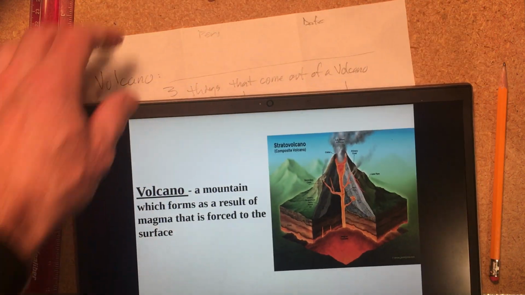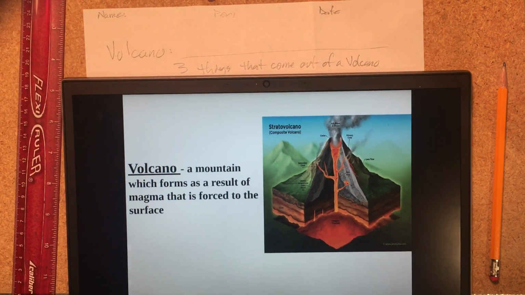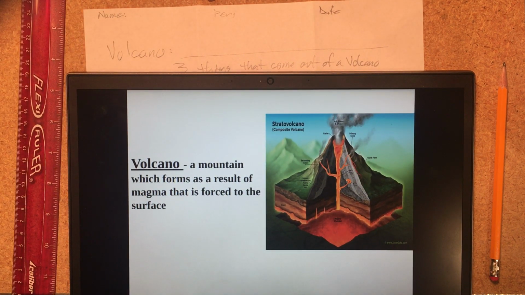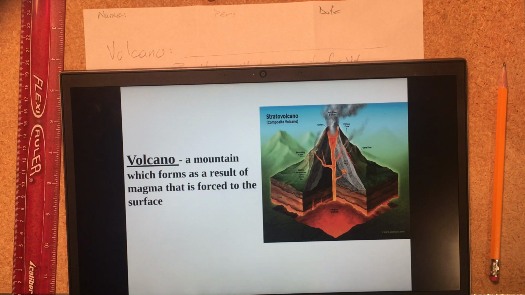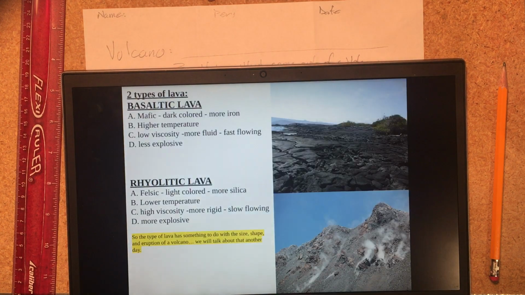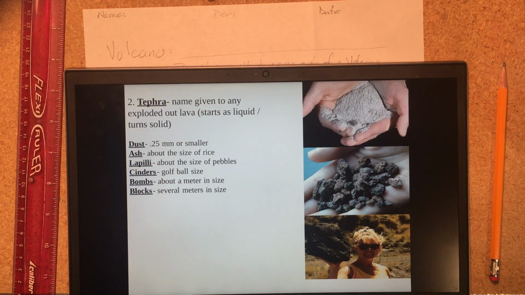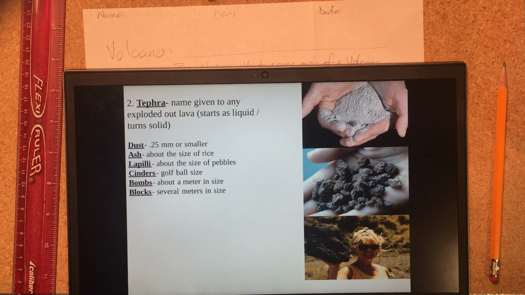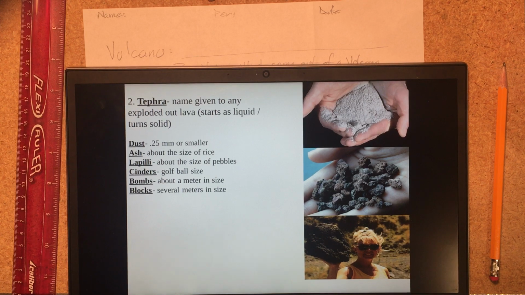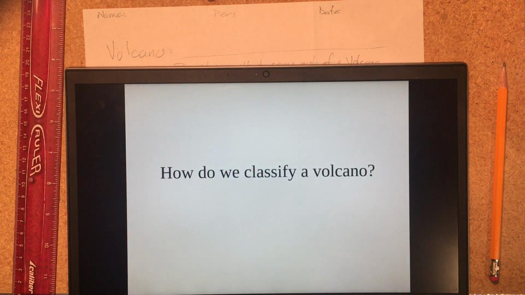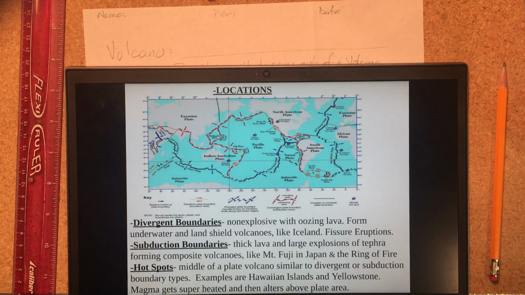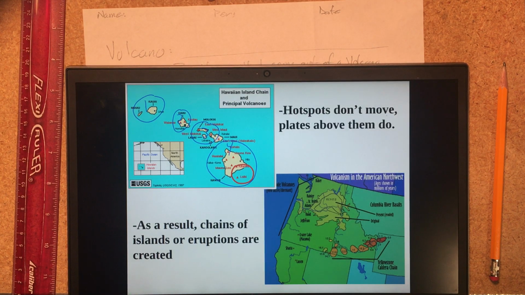So a volcano is a mountain which forms as a result of magma that is forced to the surface, and you would fill that in, and so on and so forth. Roll right through it. I didn't post anything about viscosity, or at least you don't have to fill it in on your sheet. Just go through, get the notes down, and spend a couple of days getting this done. It's going to be due at the end of the period tomorrow.